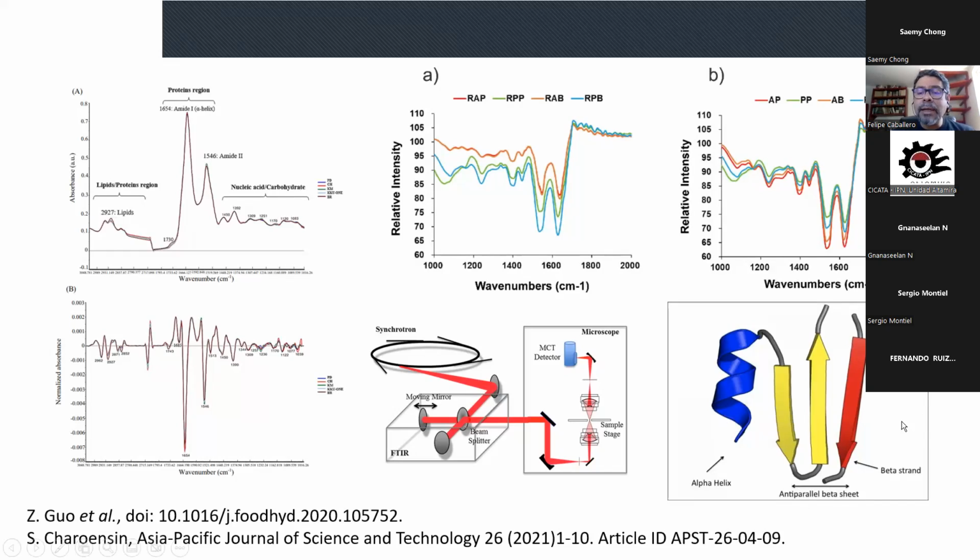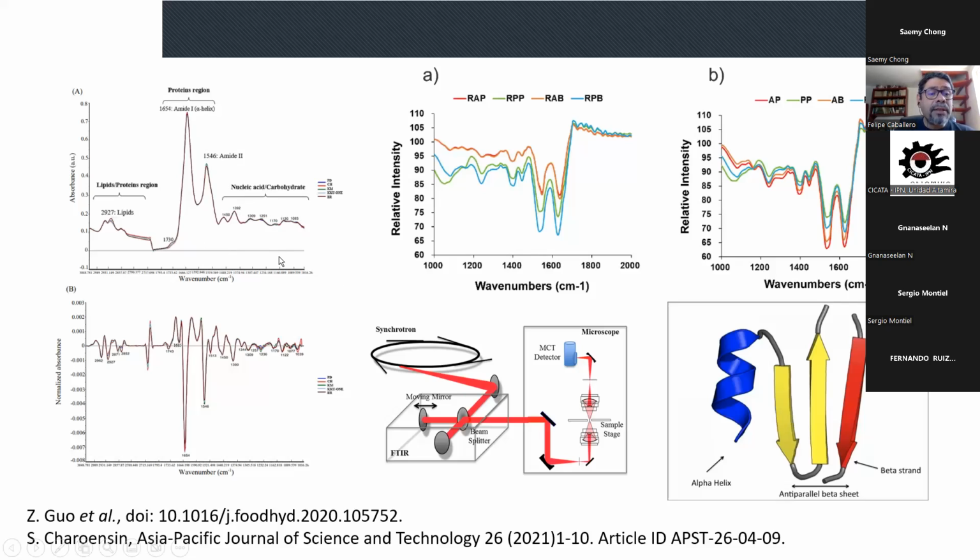These structures are very important to understand how the amino acids are bonded inside the proteins in plant-based meat analogs. So you can see the wave number region. This is the so-called protein region, around 1600 to 1800 centimeters to the power minus 1. Here you can observe the proteins, the lipids, the nucleic acids, and carbohydrates.